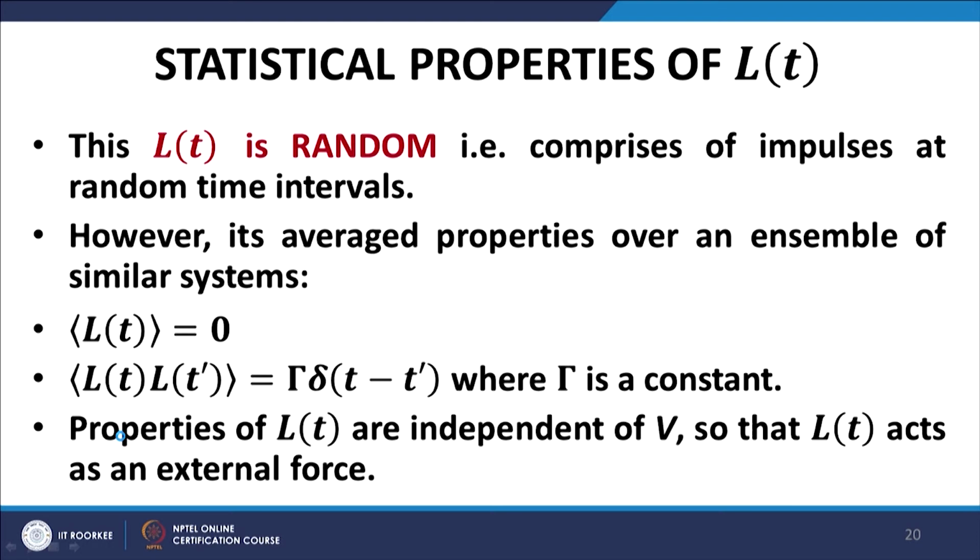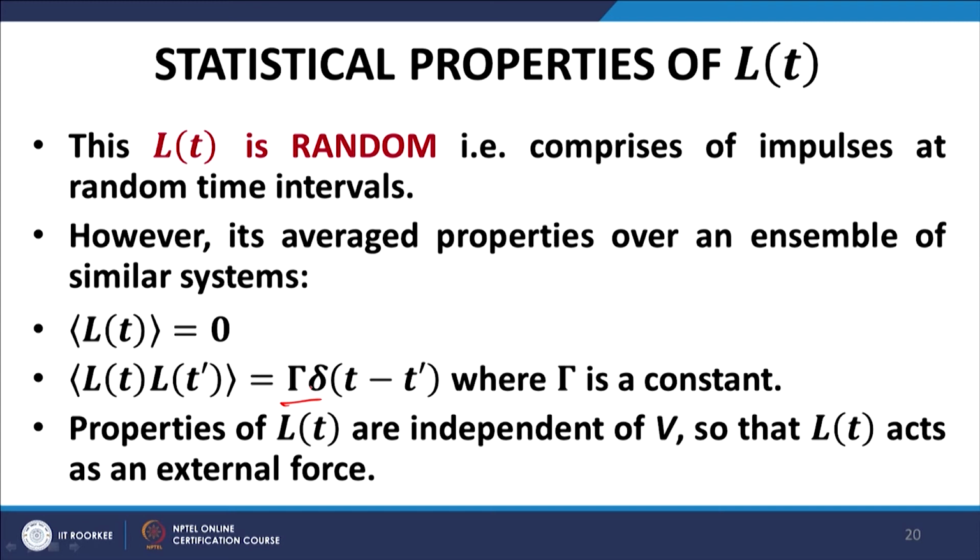Number one is, on the average L(t) will be equal to 0, and number two, the autocorrelation of L(t) at different points in time is a delta function, or a modified delta function, with capital Gamma here representing the strength of the force.